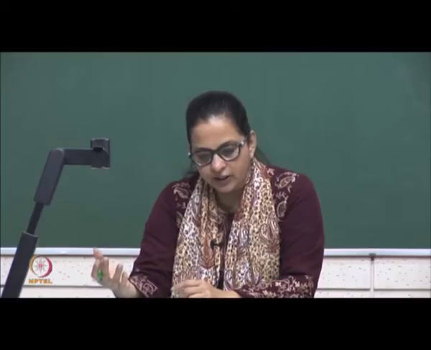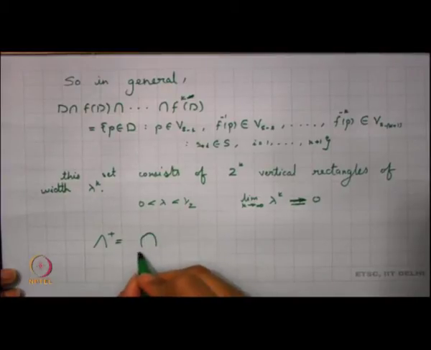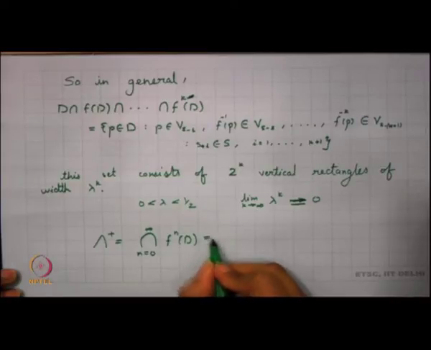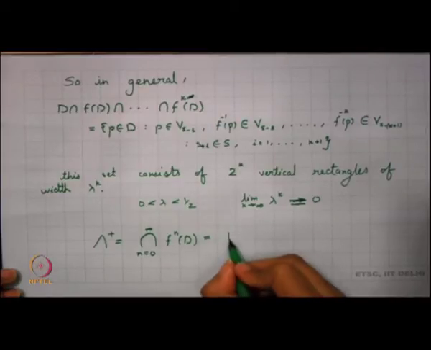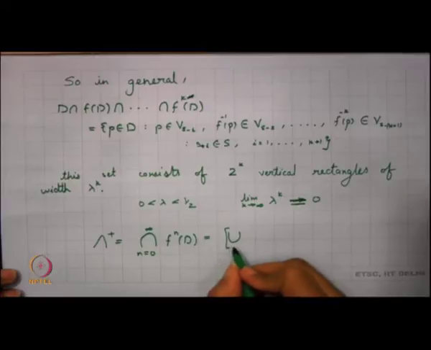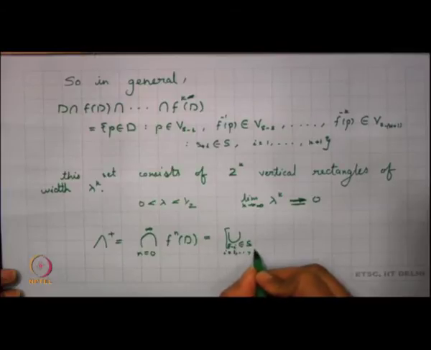At the infinite stage, we find that lambda plus, which is basically the intersection, n goes from 0 to infinity, of F^n of D, is nothing but the union of V S minus 1, S minus 2, up to S minus k plus 1, where S minus i belongs to S and i goes from 1 to k plus 1.